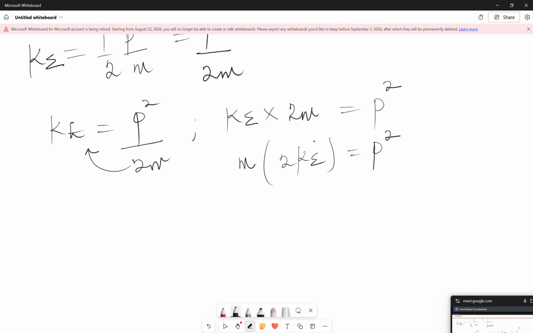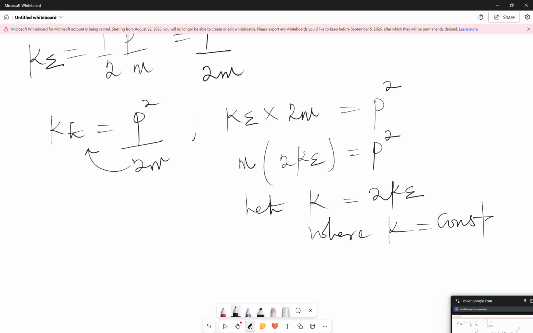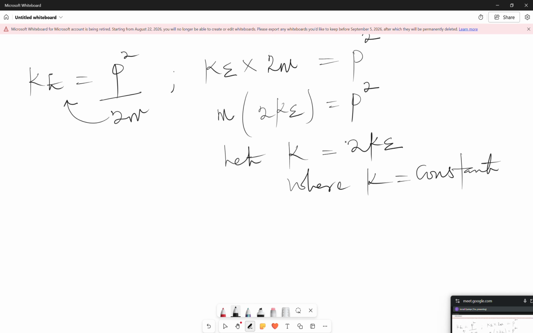Okay, if I'm to take this one as constant, let k equal 2KE, where this k is equal to a constant value. Remember your variation. You can basically say that p squared varies directly as what? As m.